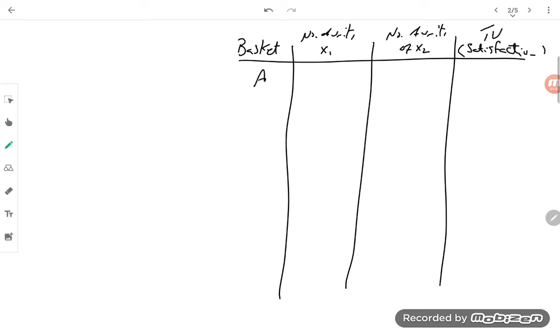Okay, with respect to basket A, you are going to consume 10 units of X1 and 0 of X2. And the amount of satisfaction that you are going to get is 5. With respect to bundle B, it's 7 and 1, 5. C, 5 and 2, 5.